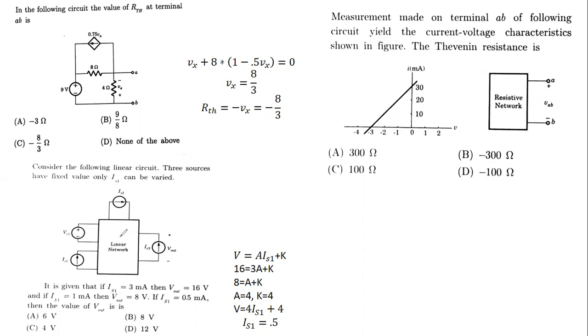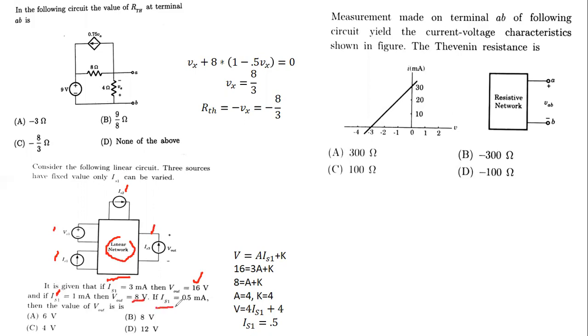So this is a linear circuit having different sources: this is IS2, IS1, VS1, and that is IS3. Different sources are given, and the question says that when IS1 equals 3 ampere, the value of Vout is 16 volt. If IS1 is 1 milliampere, then Vout is 8 volt.